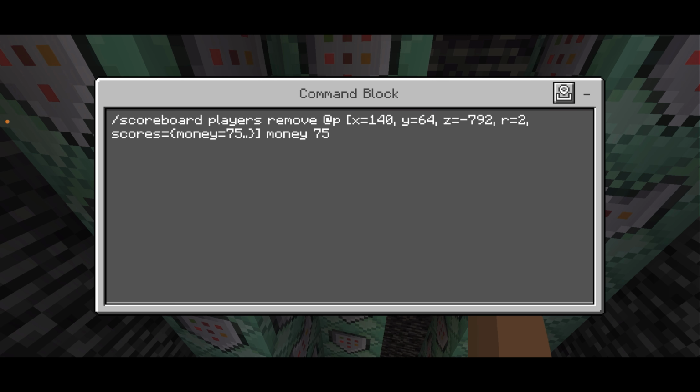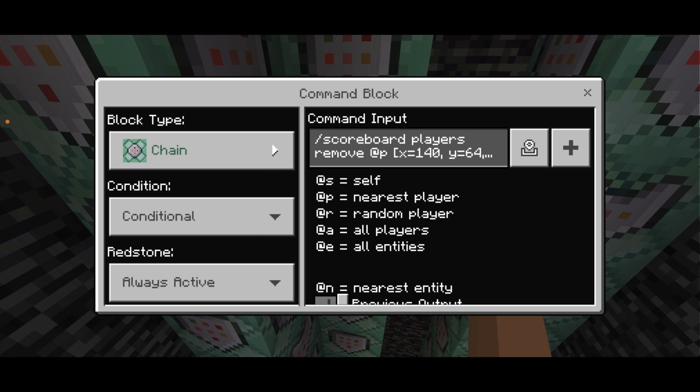For example, you would have to do execute if score season Wellbridge matches 1, run scoreboard players remove at P, the rest of it. If you're not going to do multiple seasons at all, you would just check, make sure they have the money, you gave them the diamond, then you took the money. Diamonds.